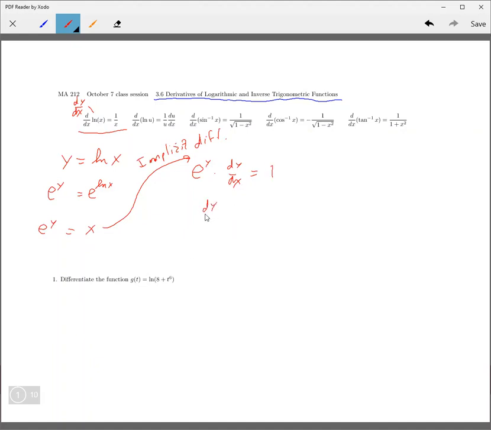So that means that dy dx is equal to 1 over e to the y, but we know that e to the y is x, so it's 1 over x. And so that's how you get this. So dy dx is 1 over x. That means the derivative of the natural logarithm is 1 over x.